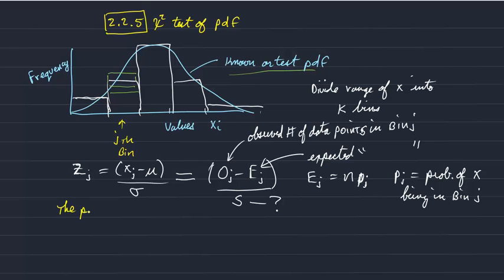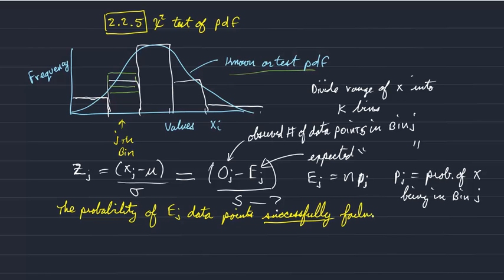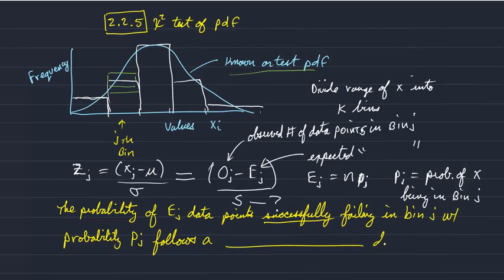The probability of E_j data points successfully falling in bin j, with a probability of success of little p_j, follows a blank distribution.